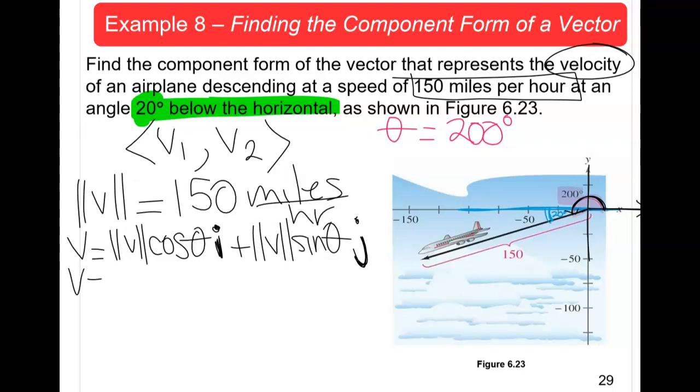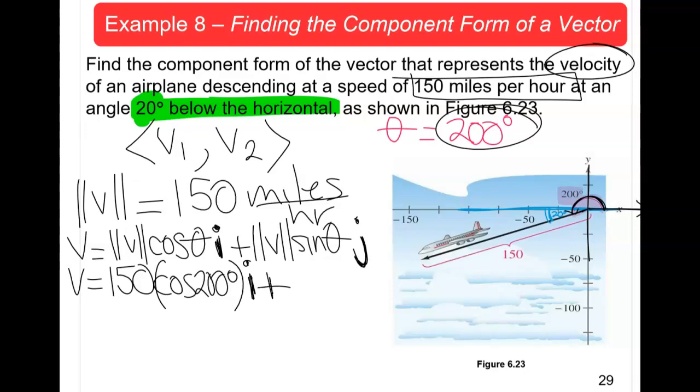So I'm going to start substituting here. So we will have 150 times the cosine of the direction angle, which is here, 200 degrees. And that will be times the unit vector i, plus the magnitude of v, which is 150, times the sine of the direction angle, which is 200 degrees, and times j.